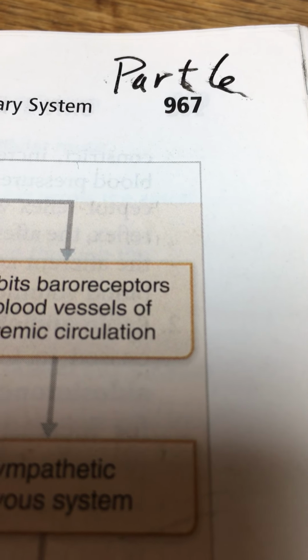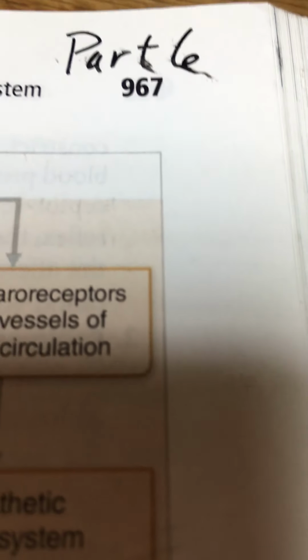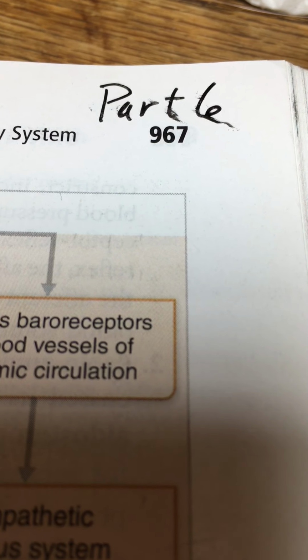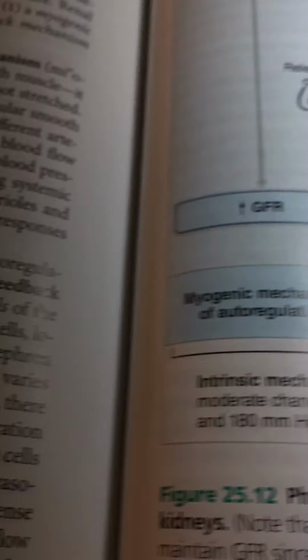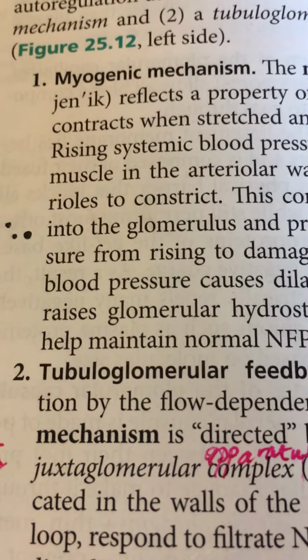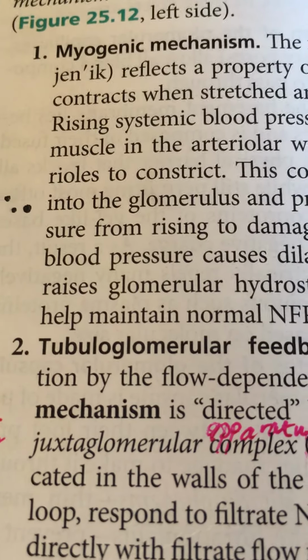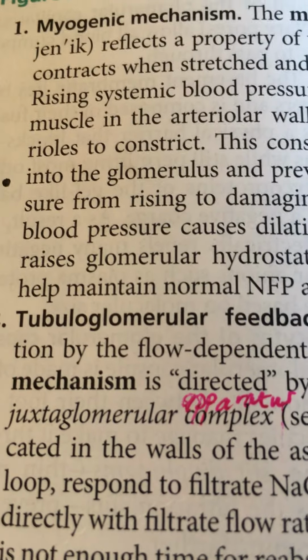We've arrived at part 6 of the urinary system, and we're on page 967. On the preceding page, they go over in the text some details about the myogenic mechanism and the tubuloglomerular feedback.